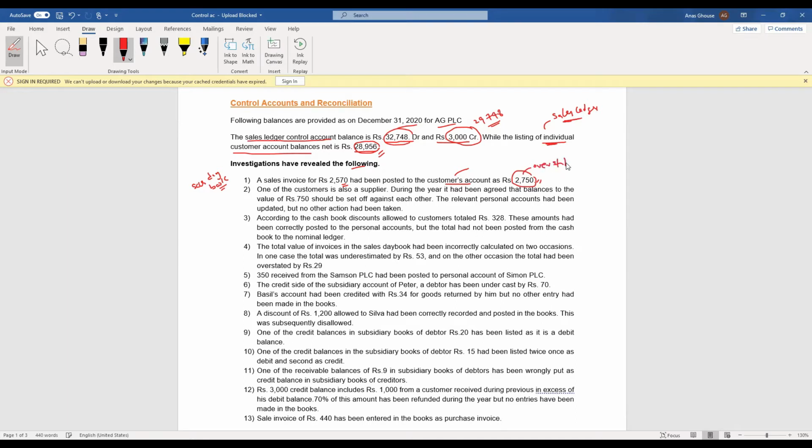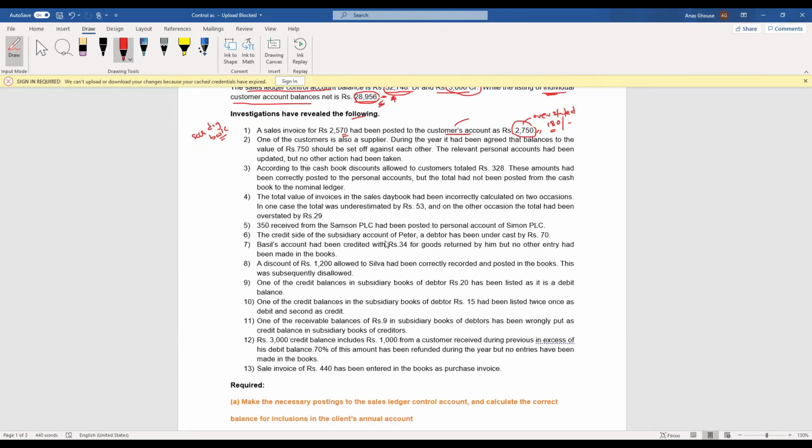This was overstated by 180 rupees. To correct, you need to deduct it from the individual customer account balance. Since this balance was overstated, to rectify this, you need to deduct this amount from the individual account balances.